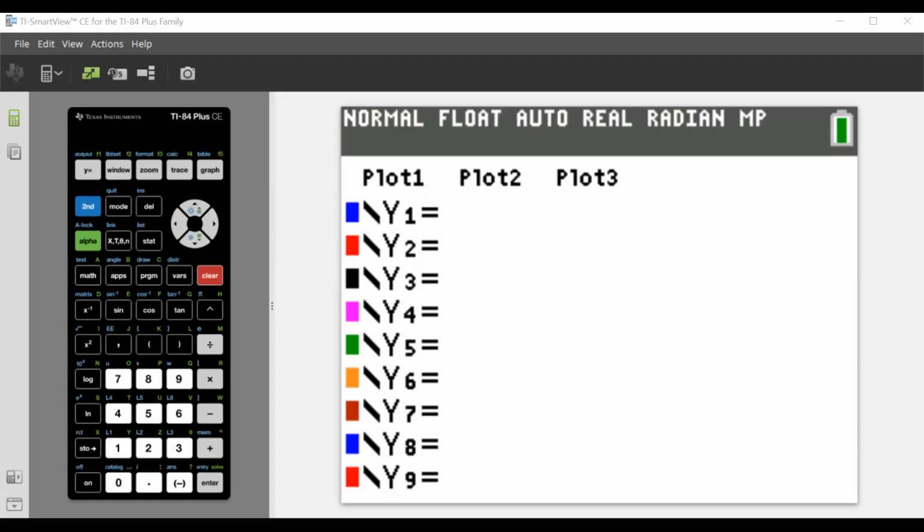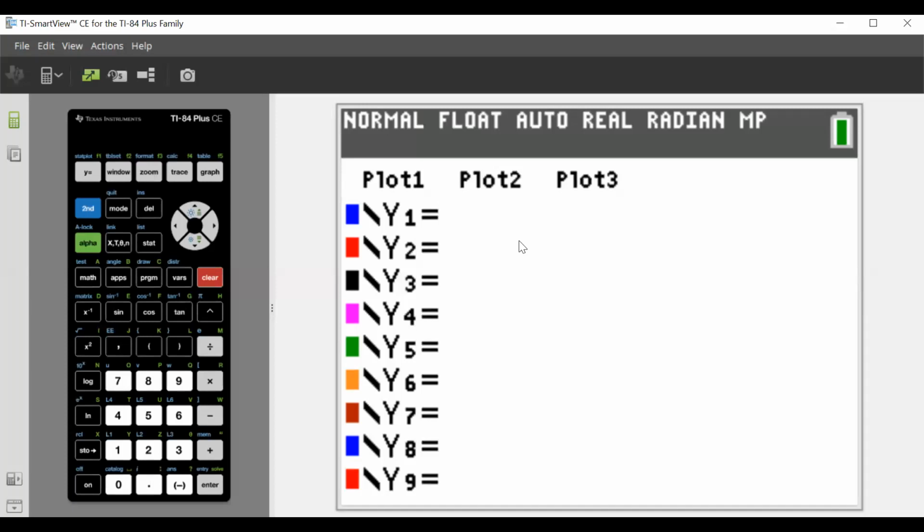So now let's go back to our calculator. And we'll type in those two equations.